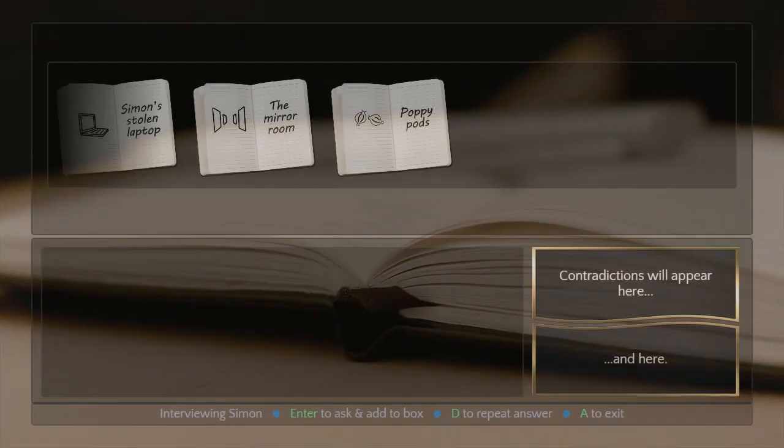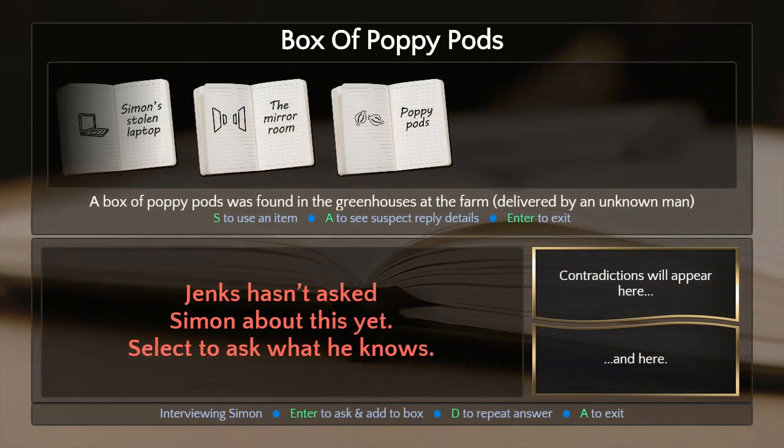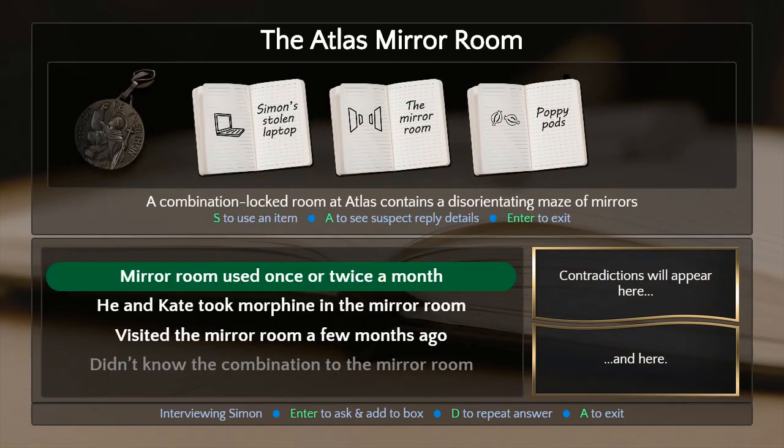Just a few more questions, if you don't mind. Odd question, but have you ever seen anyone handling dried poppy pods? Poppy pods? As in, for opium? No. Though James did have opium tea once, I think.